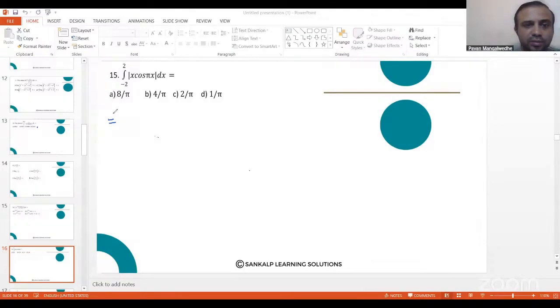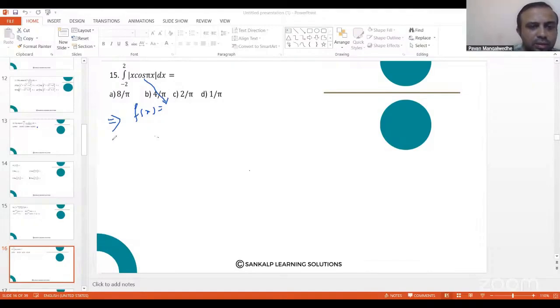Okay, shall we start? Students, try to understand this. Treat f of x as this complete function, f of x equals mod of x cos pi x.